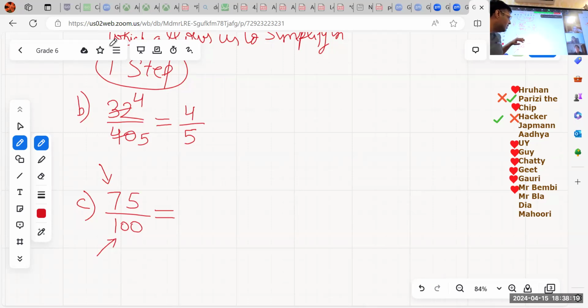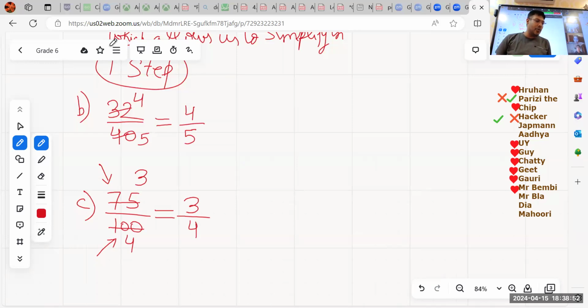As soon as you see numbers like 25, 50, 75, 100, 200, it must automatically click to you that these numbers are divisible by 25 and you must try dividing them by 25 for the easier calculation. If you notice here, 25 threes are 75 and 25 fours are 100. So the answer would be 3/4.